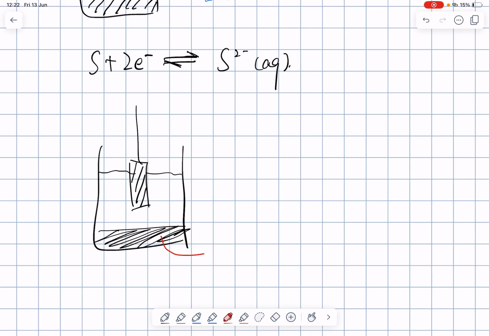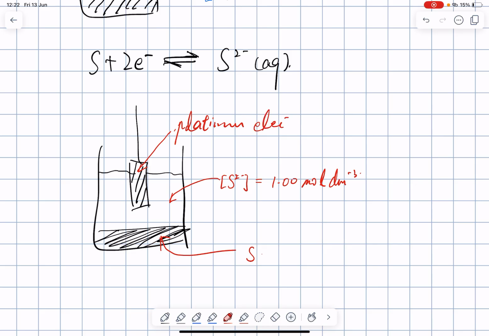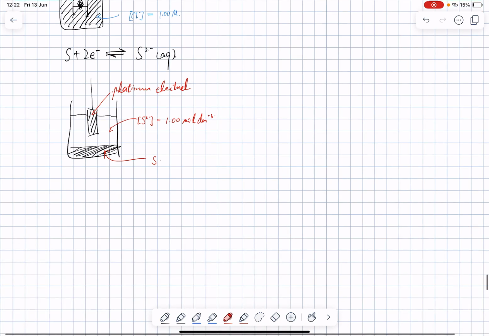Here is sulfur. Here is the S²⁻ solution, which is also 1.00 mole per decimeter cubed. And of course, a platinum electrode. That's basically it.